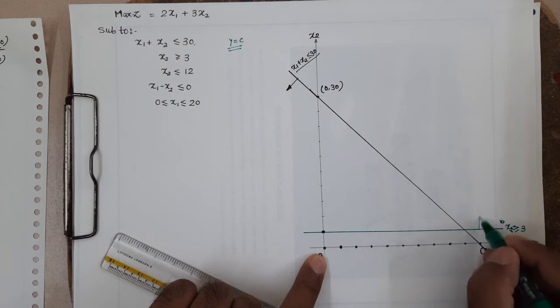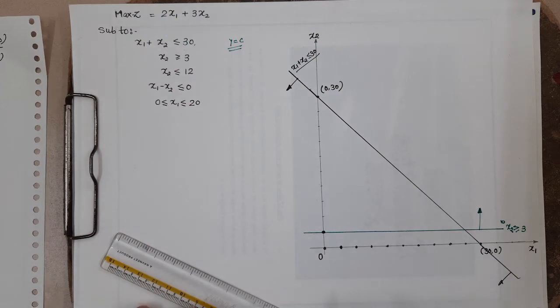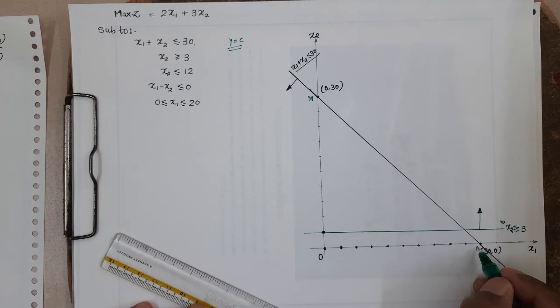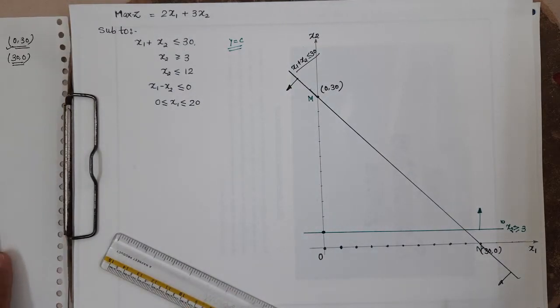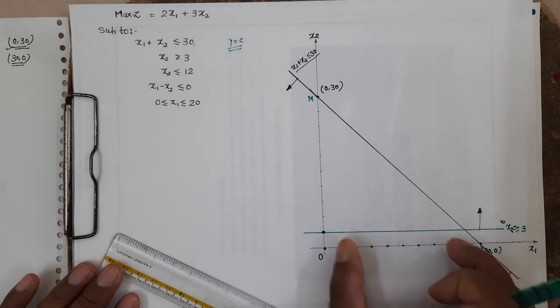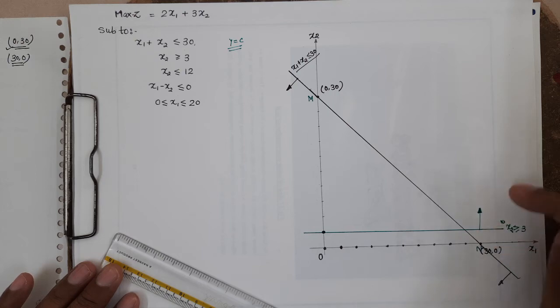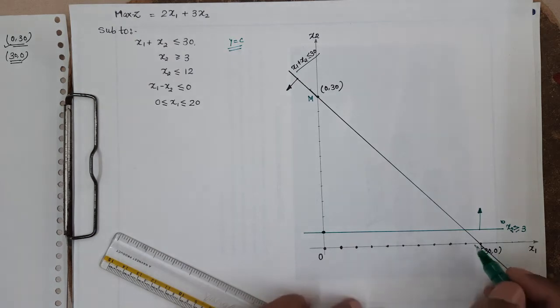So this side will be your feasible region for the second constraint. In the first constraint our feasible region was OMN. Now from OMN, this particular region has to be removed, because it says x2 is greater than or equal to 3. So it should be above 3, not below.